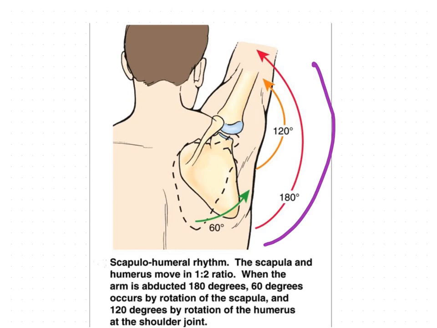In this scapulohumeral rhythm, there are contributions of the scapulothoracic and glenohumeral joints, and of the sternoclavicular and acromioclavicular joints.